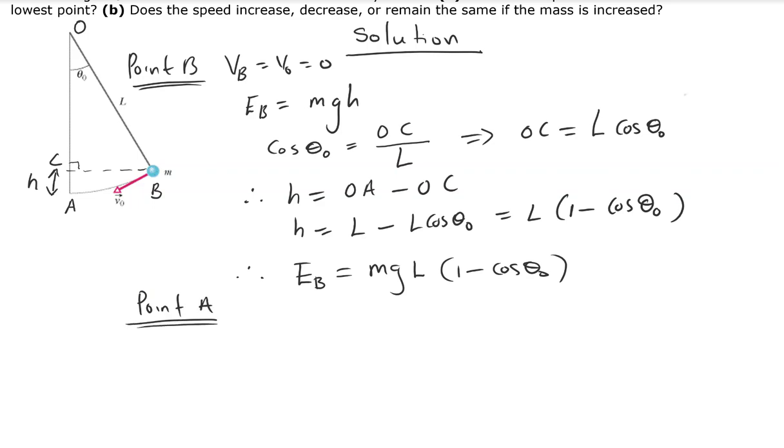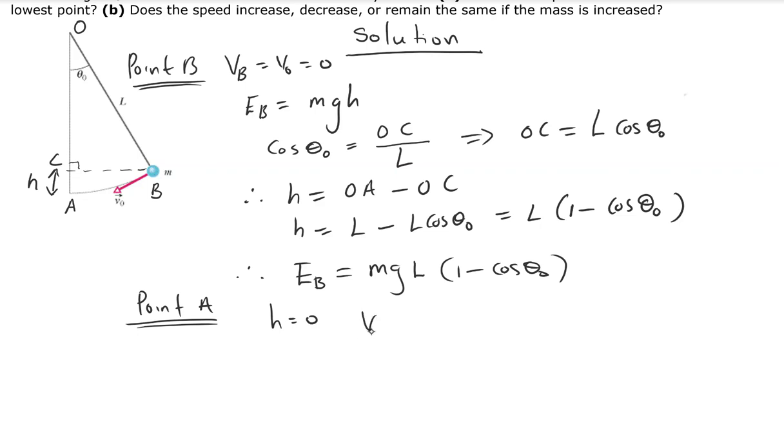Now point A has h equal to 0, the relative height of A with the lowest point, because A is itself the lowest point, so it has a height of 0 with respect to itself.